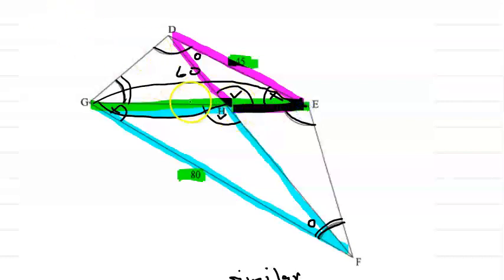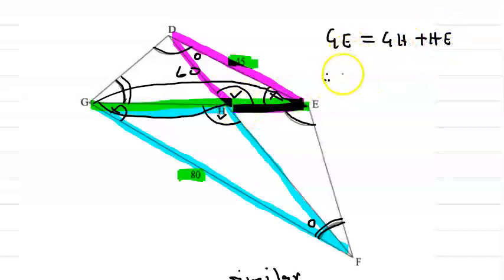But what we do have is that GE is equal to 60, and we've got GH, which we want to find. Now we need to write HE in terms of 60 and GH. If you look at it very carefully, what can you tell me about GE? GE, this whole side, is going to equal GH plus HE.